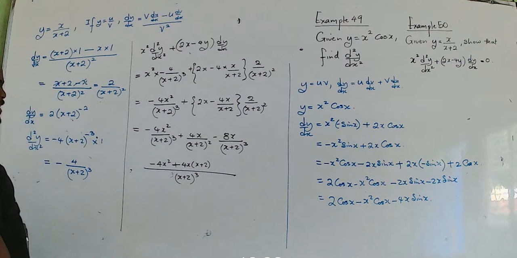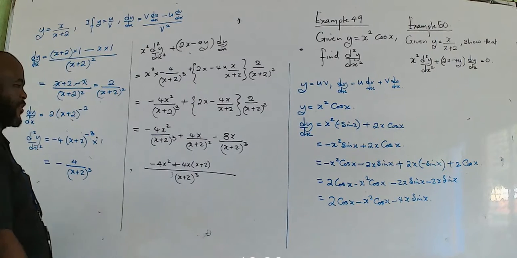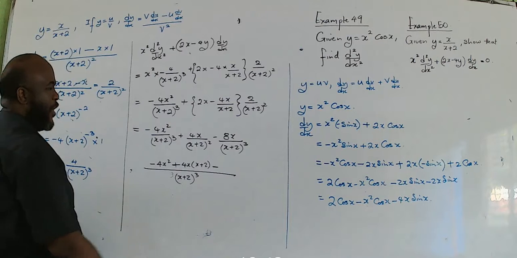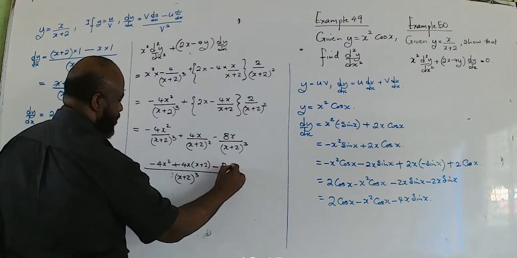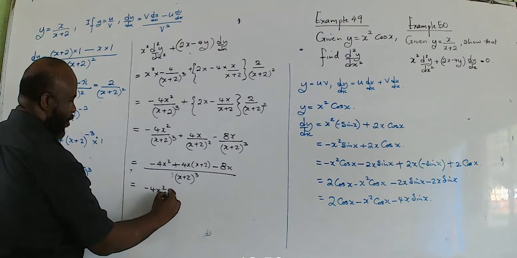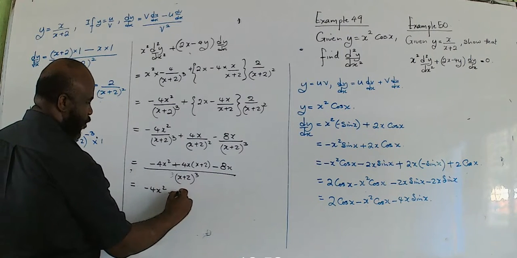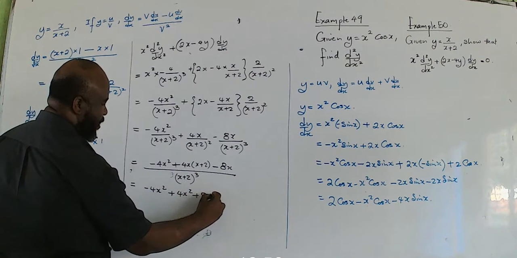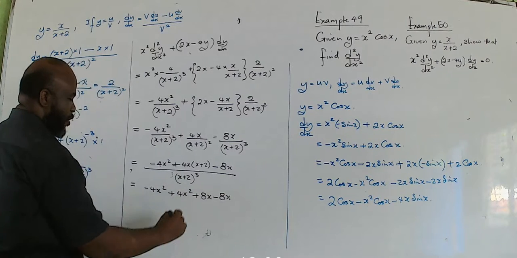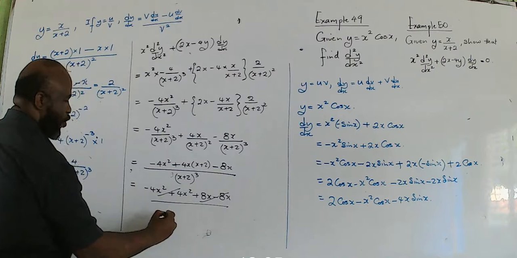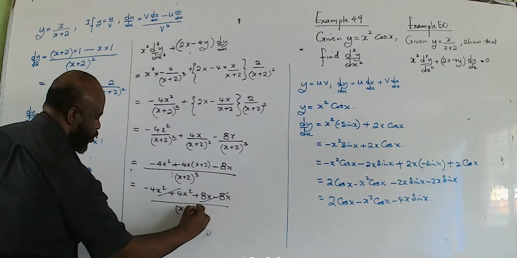Sure, I could have probably made this a little simpler, but we're committed to a course of action, so let's just finish it. Minus x plus 2 cube into x plus 2 cube is 1. 1 times 8x is 8x. Alright? So this is minus 4x squared plus 4x squared plus 8x minus 8x. So that's 0, this is 0, and this is all over x plus 2 cube.